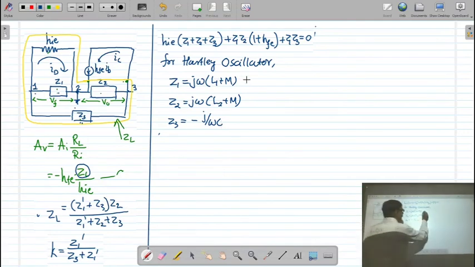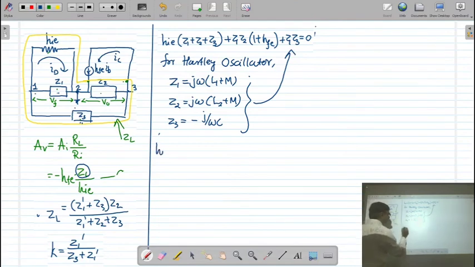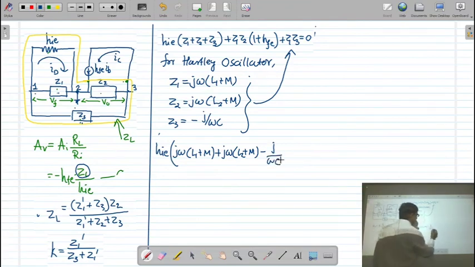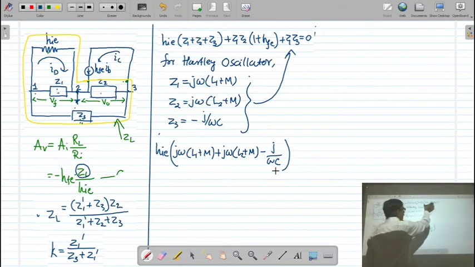So if we insert this value in this expression, then we have hie into j omega (L1 plus M) plus j omega (L2 plus M) minus the Z3 is there, minus j by omega C. Okay? This is my first term of the expression. Then what is the second term? Then second term if we write plus Z1 Z2.